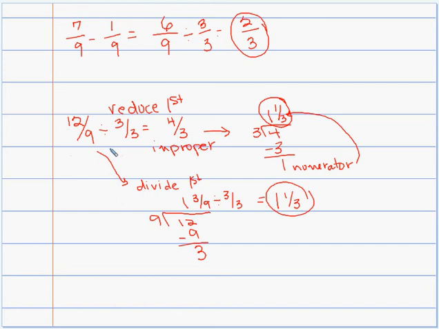Okay, so there's two different ways that you can approach improper fractions. You can reduce them first and then divide, or you can divide first and then reduce. Either way. Now, if you're given a percent like 80% and you're asked to change it into a reduced fraction, remember, percent means what? Percent means out of 100, so it's 80 out of 100, and then we're going to divide.